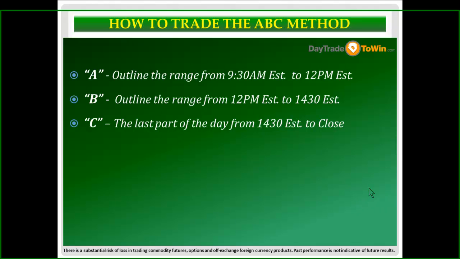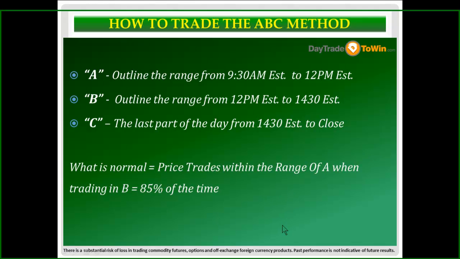Now there's a reason why I'm doing this. Markets that trend have certain characteristics. Markets that whipsaw all day back and forth also have certain characteristics. So if you're looking at what is normal, price trades within the range of A about 85% of the time.